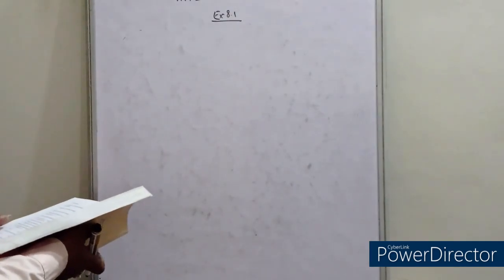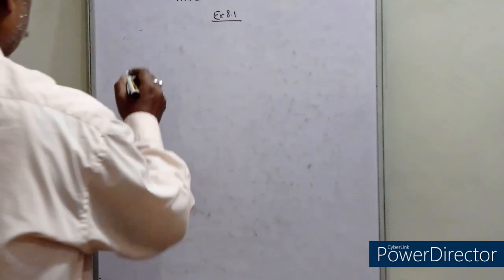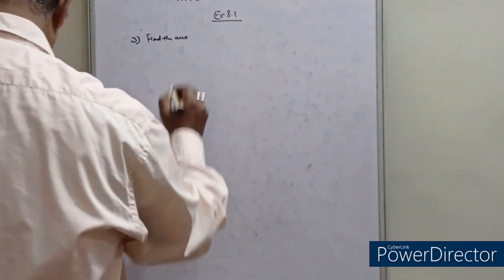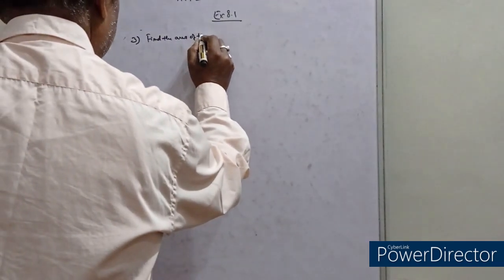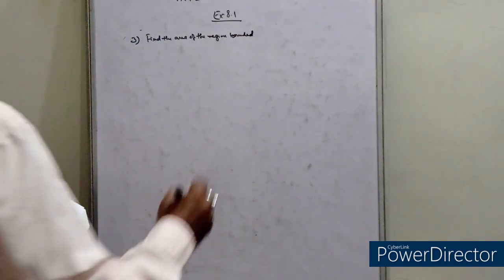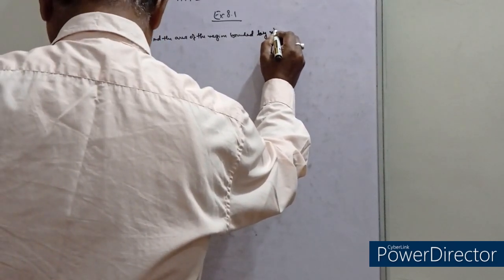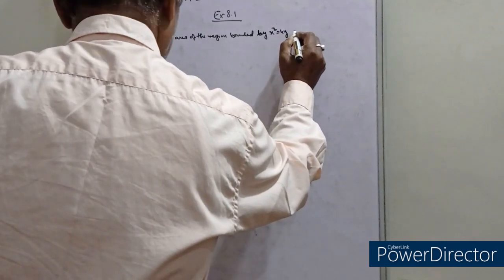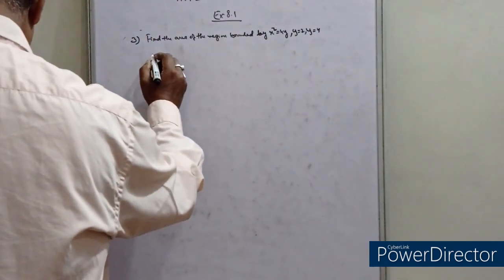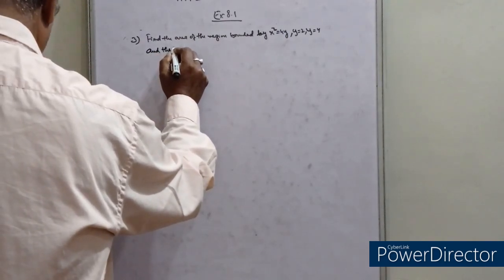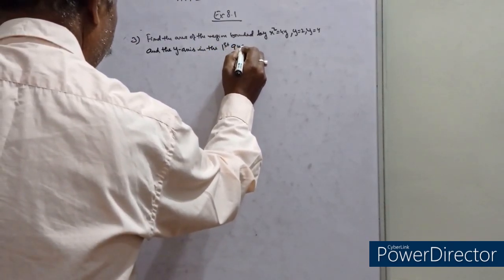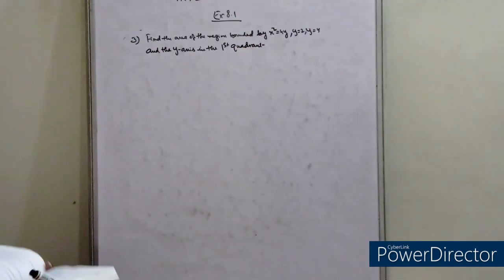So here, question number 3: find the area of the region bounded by x square is equal to 4y, y is equal to 2 and y is equal to 4, and the x-axis and the y-axis in the first quadrant.